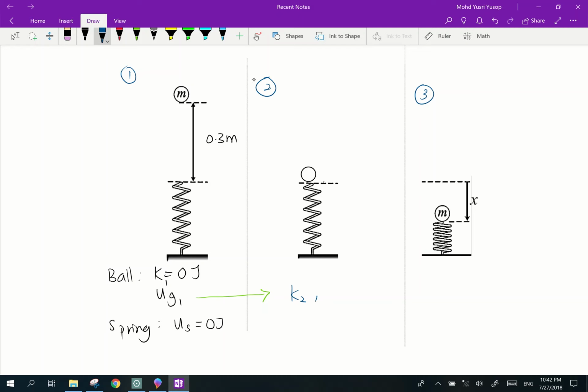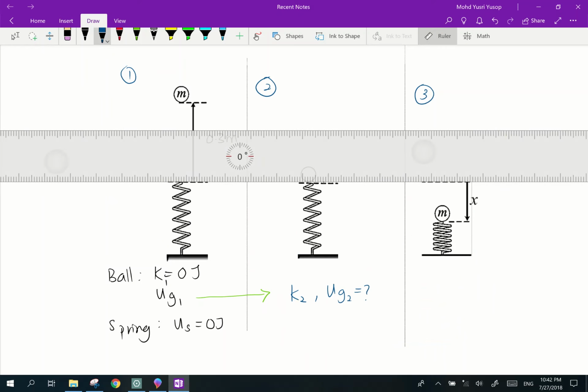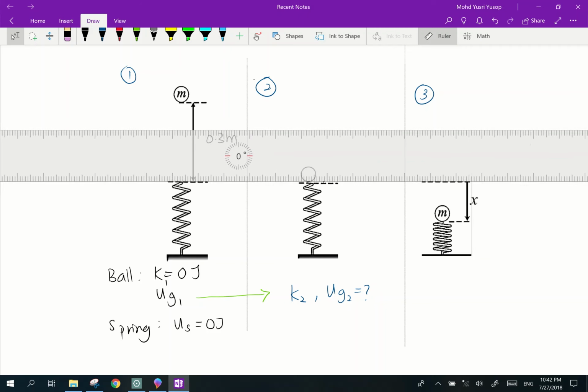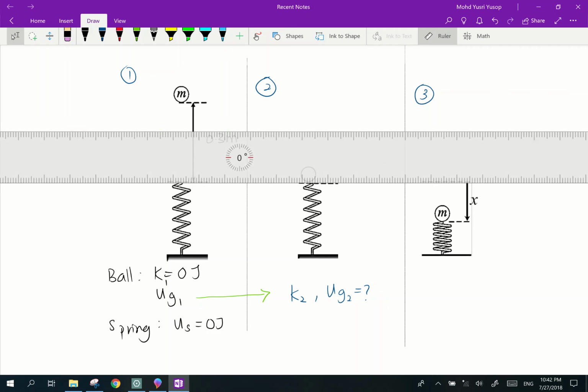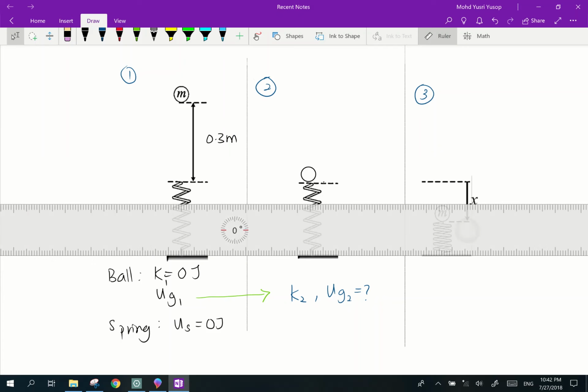So, the question is, does the ball have gravitational potential energy or not? It all depends on where we want to define height 0. If we define height equal to 0 at this point, therefore, the ball does not have gravitational potential energy. If we define height 0 below the spring on the ground, then the ball has gravitational potential energy.